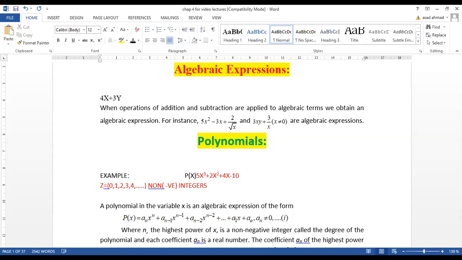Normally polynomials are written in p of x form. Actually, this is an algebraic expression, but it is explained in this way: the variables and constants are connected together with operators of addition and subtraction, but all of these variables will contain the power or the exponent as non-negative integers.